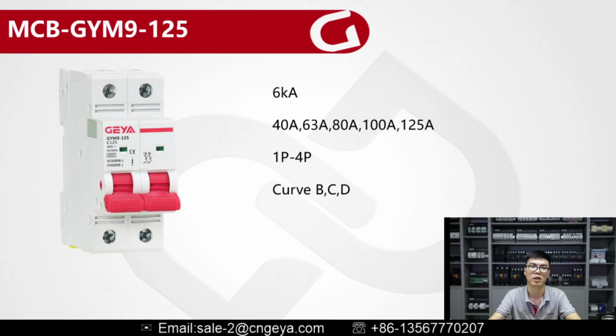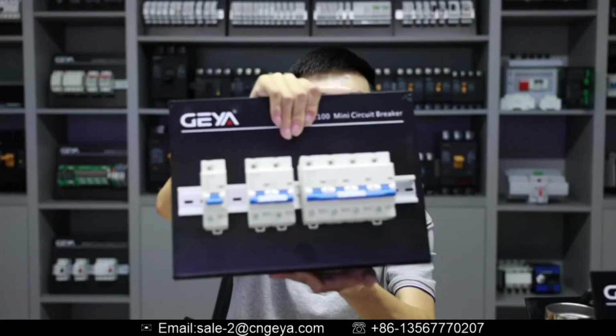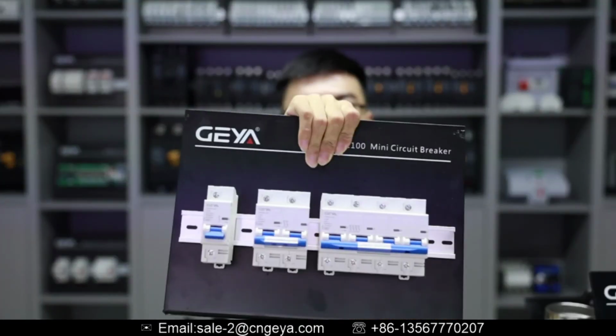Also, it can be done from single pole to 4 pole. Curve B, C, D is available, and its breaking capacity is also 6 kiloamperes. Here are the actual samples. Hope you can see it clearly.